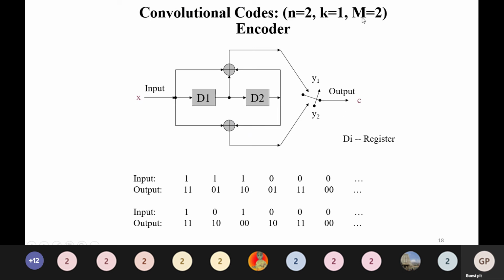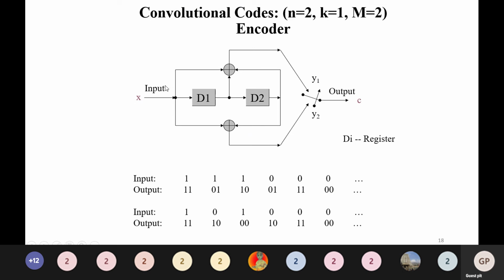We have m flip-flops, so 2 flip-flops. The input is 1 1 0 1 1 0 0 1 1 1 0 0.